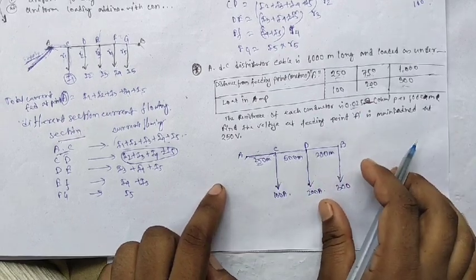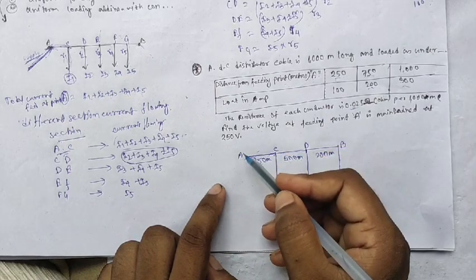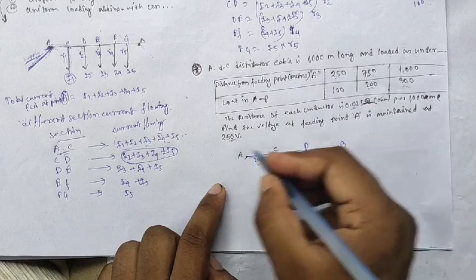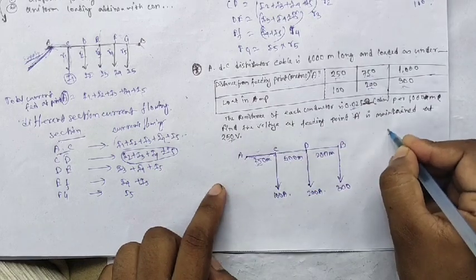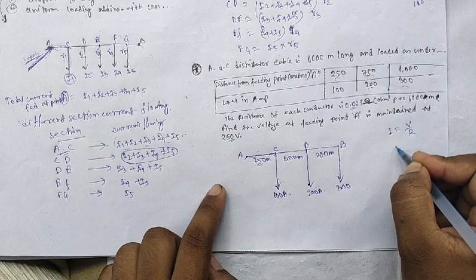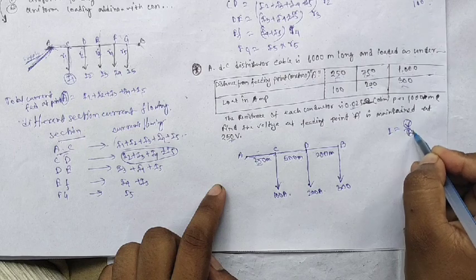Okay, so first of all we draw, and we can also calculate by another process. By which process? 250 is the volt, so I is equal to V by R. Okay, and we also know the voltage and resistance.